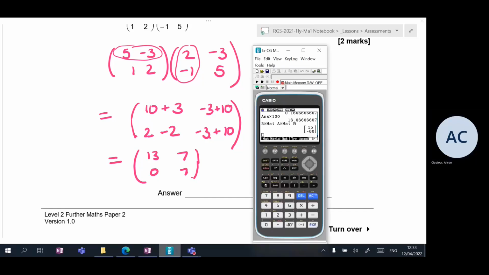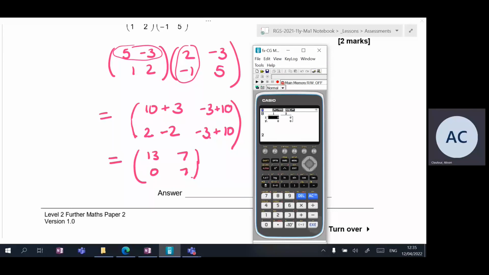Again, just showing you how to do that in the calculator. You want to go into F3 matrix mode. So now I've got 2 by 2 for both of them. I'm going to put in 5, minus 3, 1, 2. Press exit, and then matrix B is also a 2 by 2.